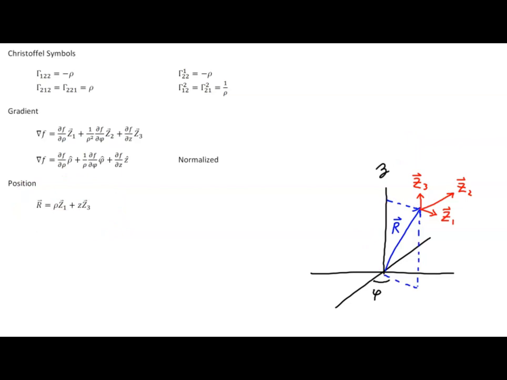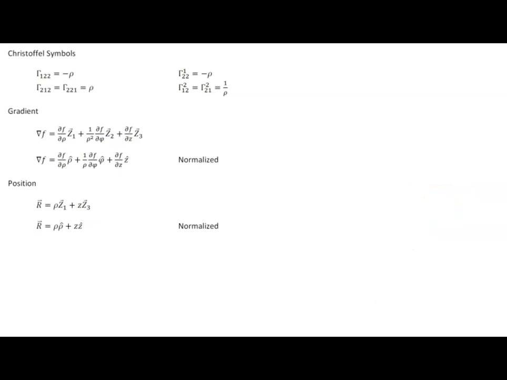Okay, and to normalize it, we recognize that both z1 and z3 are unit vectors. So it's very simple. We just replace z1 with rho hat, z3 with z hat, and we've got our position vector in normalized form. Okay, let's move on to velocity and acceleration.